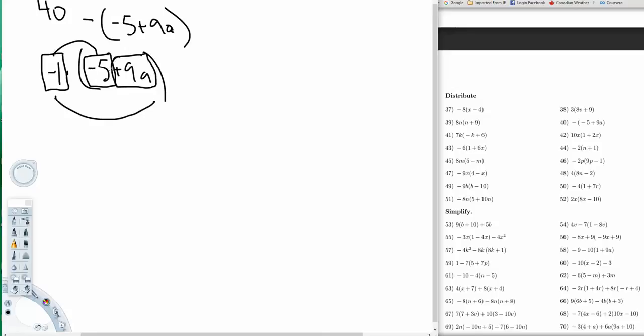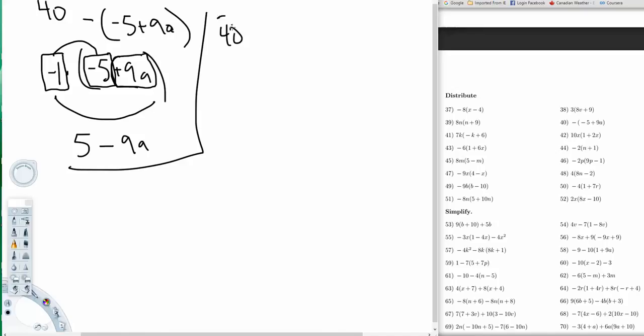Notice how I'm swallowing the sign too at the same time. All right, so minus 1 times minus 5 equals 5, right? Two negatives make a positive. And then here, minus 1 times positive 9a equals negative 9a, right? That should be the answer. Yes, it is. All right.